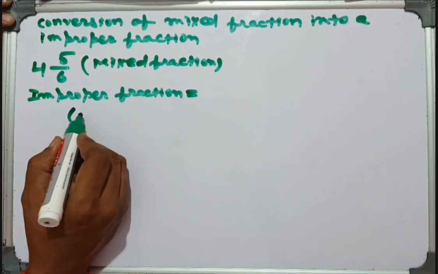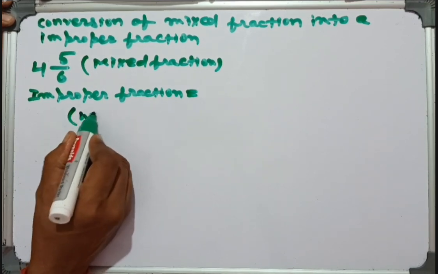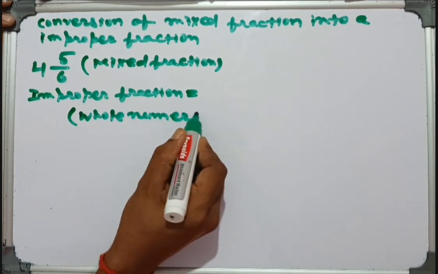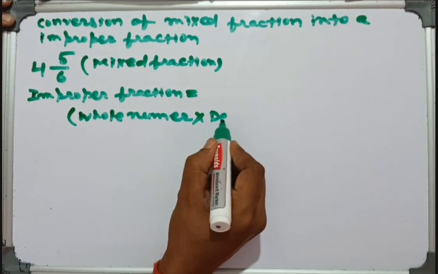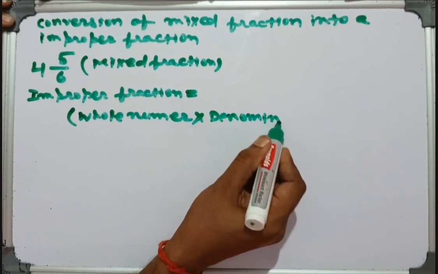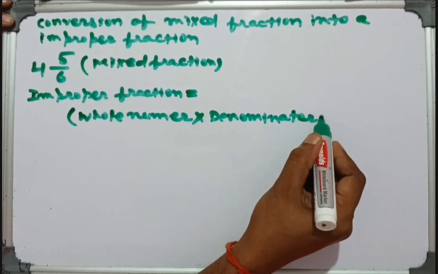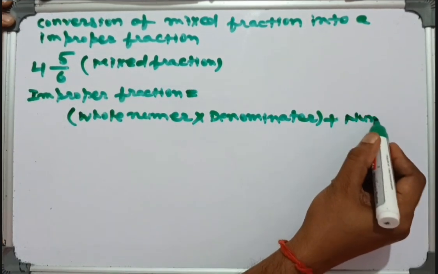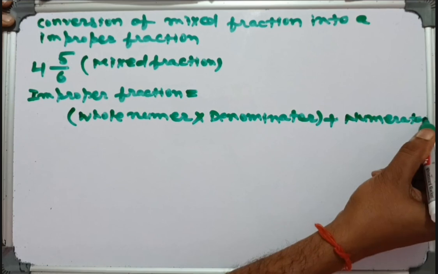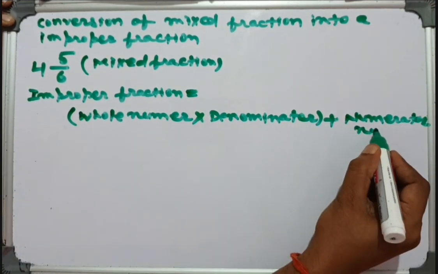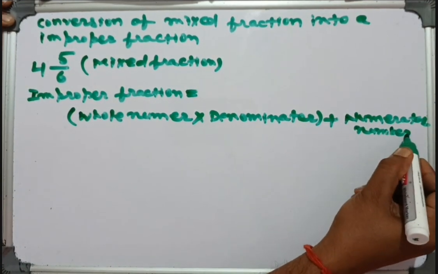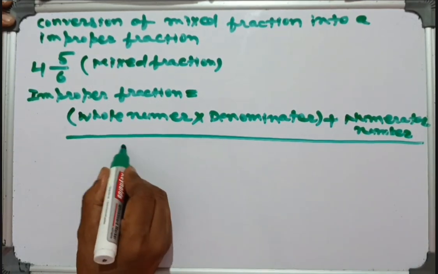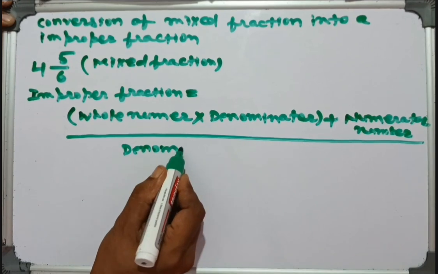First we write the whole number, multiply by the denominator, then add the numerator, then divide by the denominator.